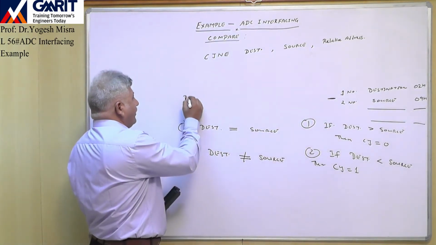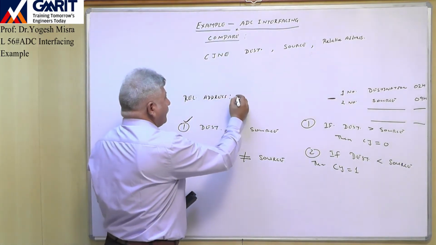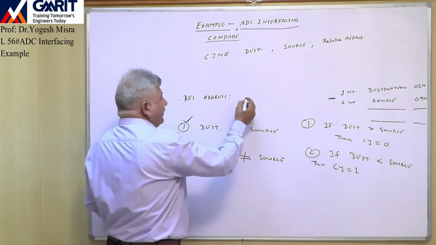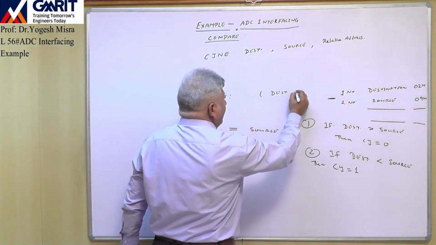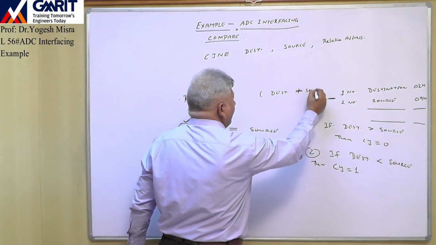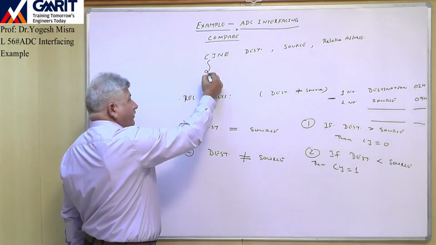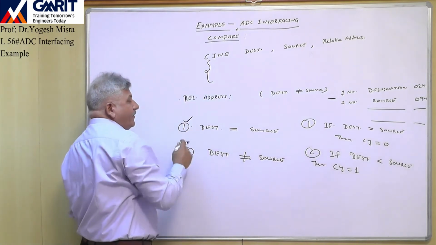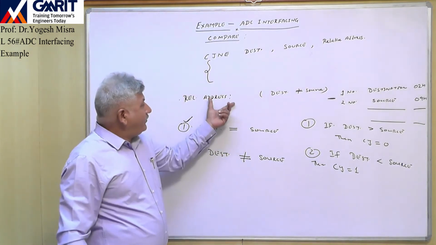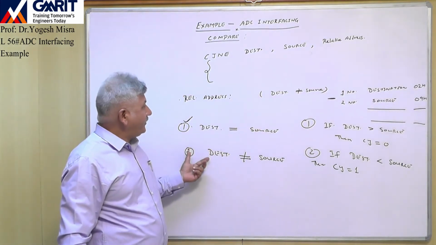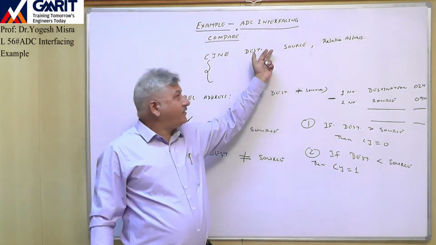So the program sequence will come to this place when destination is not equal to source, and here when destination is equal to source. Now we will see the second case, when the destination and source are not equal and this instruction is executed.